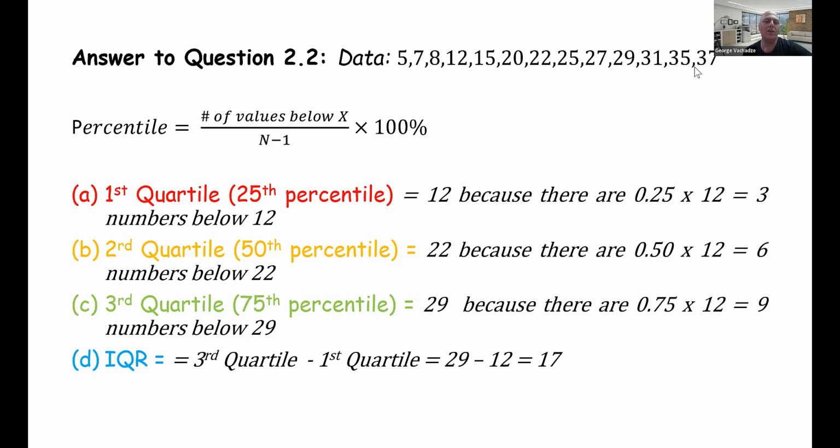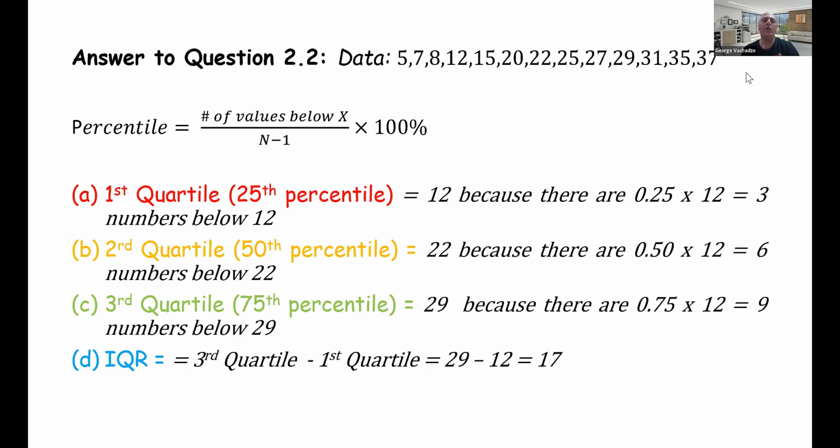The third quartile is the 75th percentile. So instead of percentile in the formula, we plug in 75%, then divide both sides by 100, which gives us 0.75, and multiply by 12. That gives us the number 9.